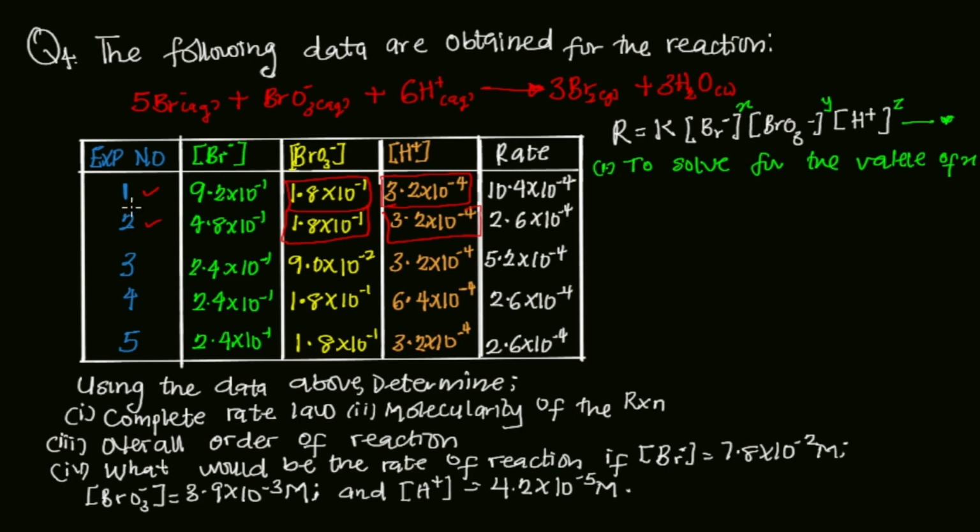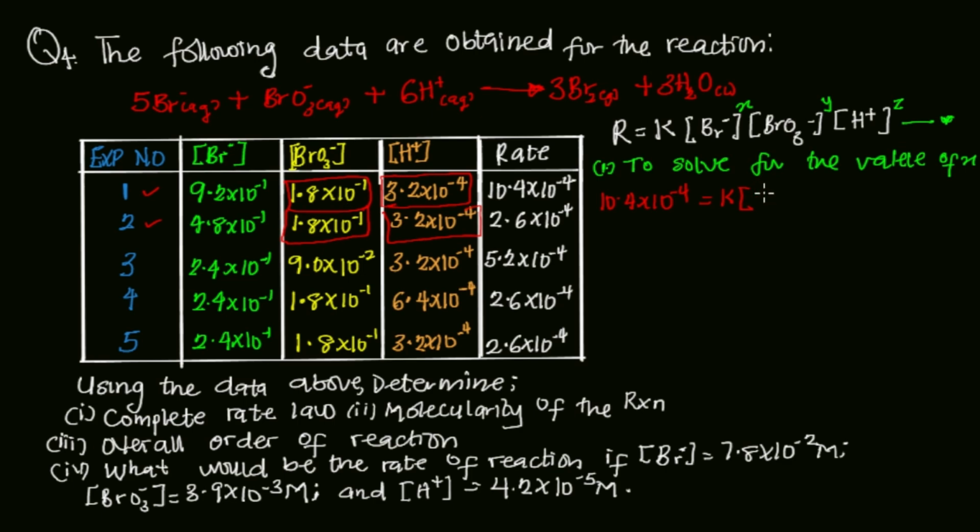X. So in that scenario, let me just simply put experiment 1 into this rate expression. So I'm going to have this to be 10.4 multiplied by 10 raised to the power of minus 4. This is equal to rate constant K, then multiplied by bromine, which is going to be 9.2. I'm going to keep 10 raised to the power of minus 1 here for now.